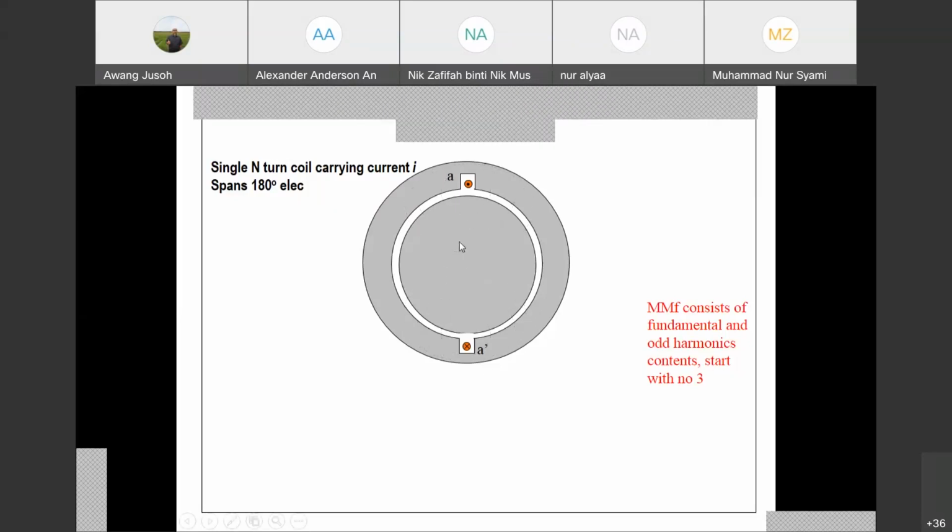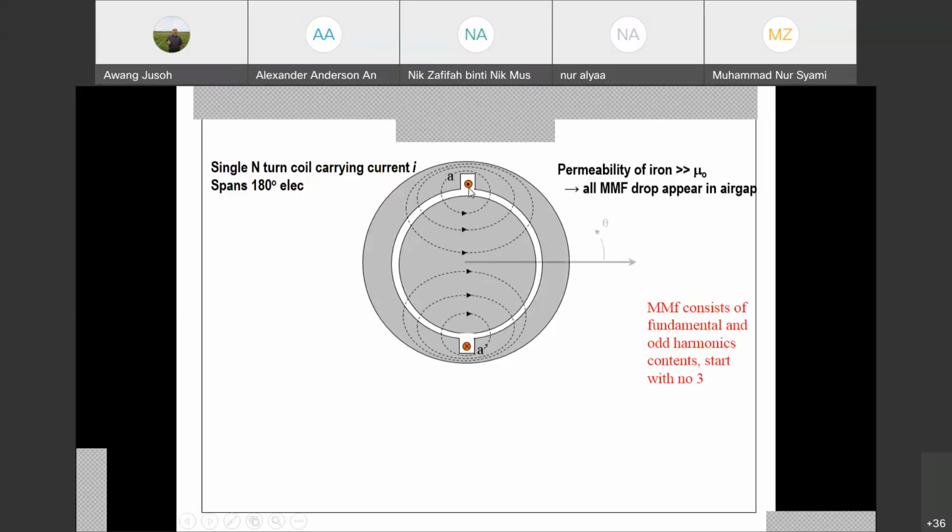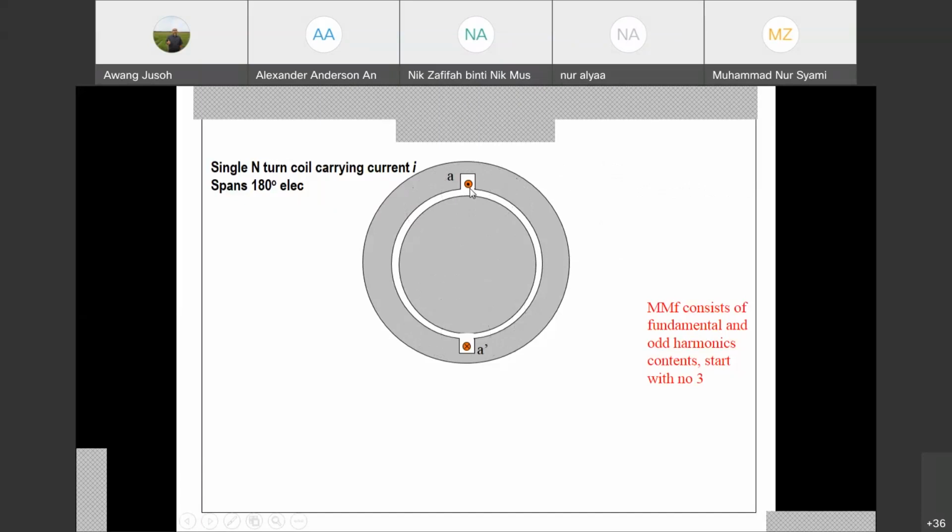Based on the right hand rule, if the current direction is like this, a dot, you just use your right hand rule. Phase A will produce flux like that on the top and the bottom. That means the resultant flux moves from left to right. This is a north pole and this is a south pole.